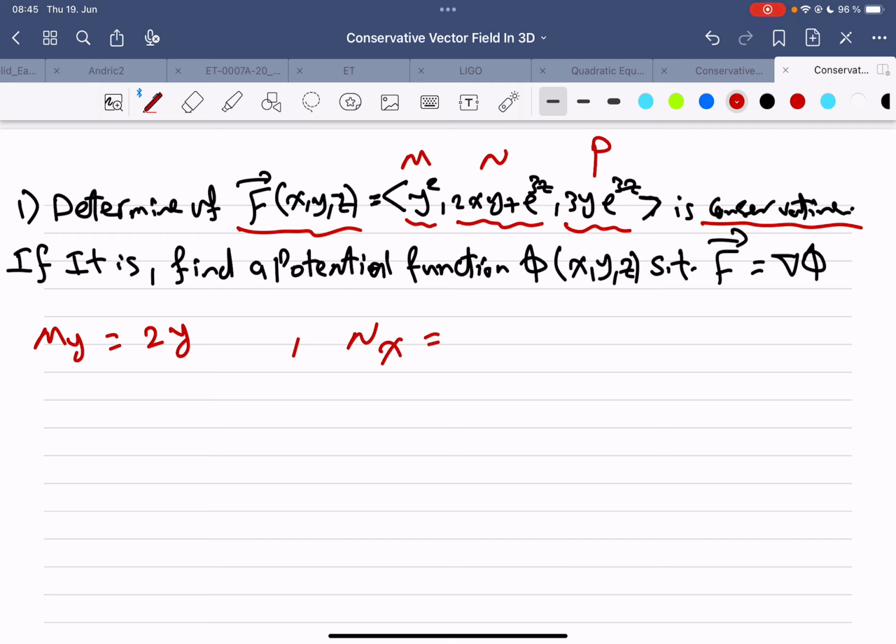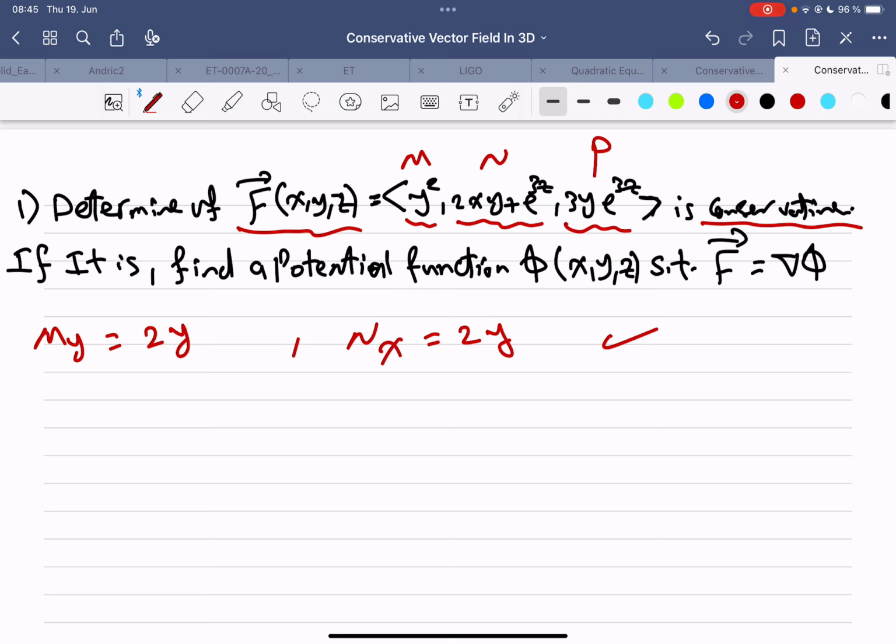Nx equal, if you differentiate this term with respect to x, this will be 0 and this will be 2y. So this is good.